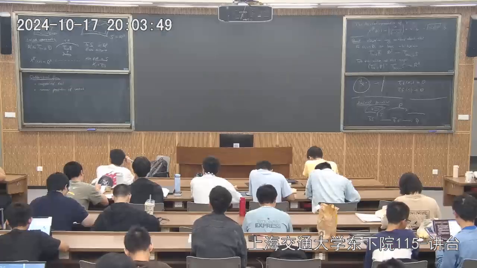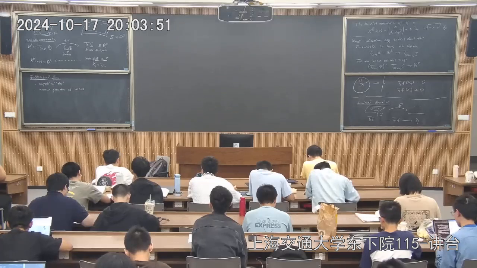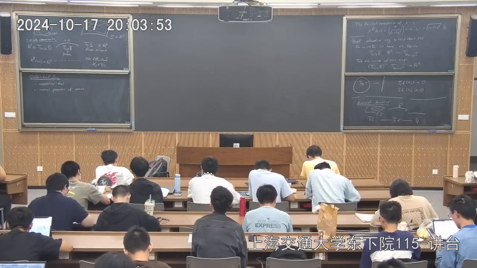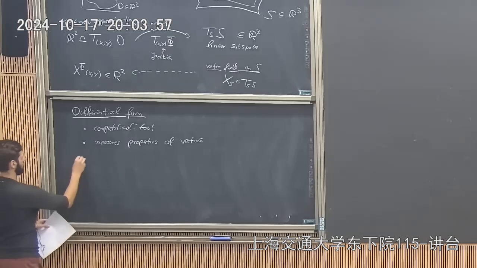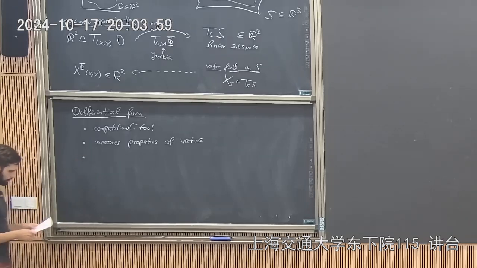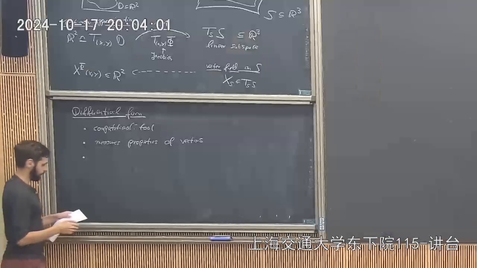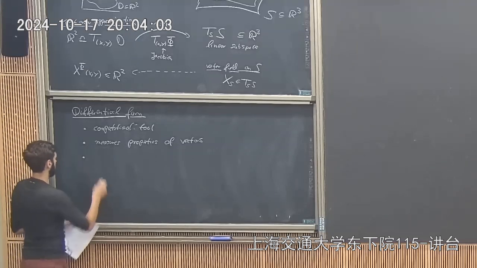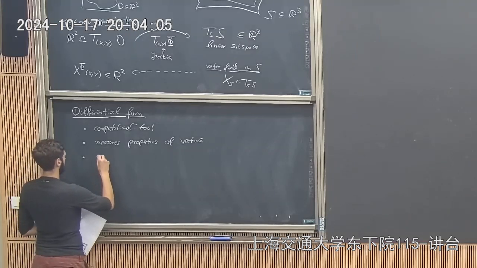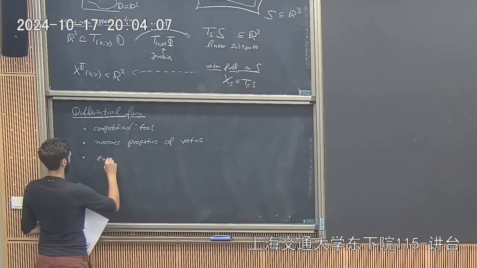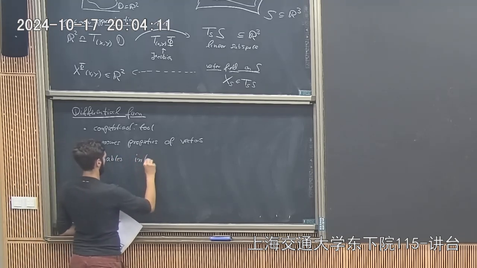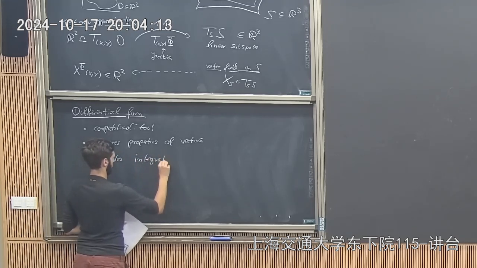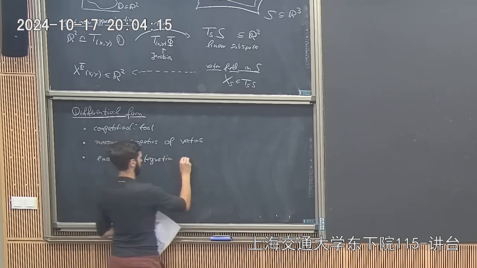So that's one way, like certain properties, which you think of as a generalization, for example, of the length of the vector. And there's a relation that we will discuss, which is saying that it enables integration on the surface.